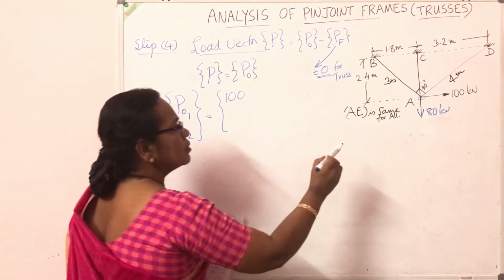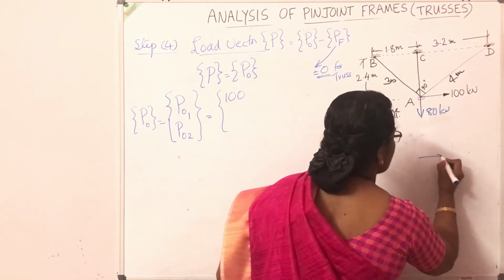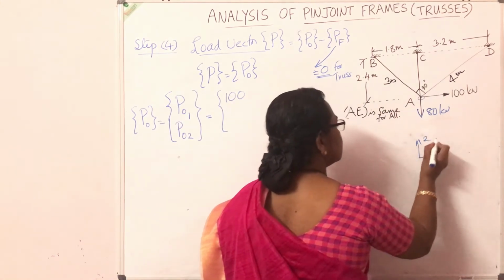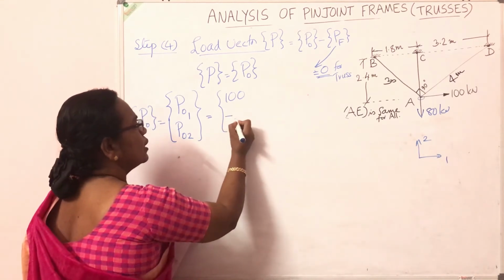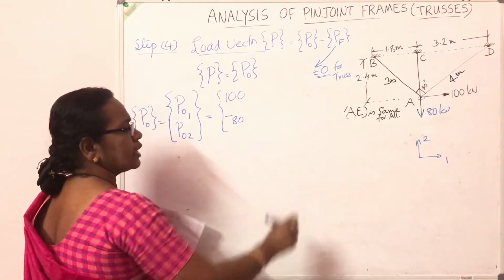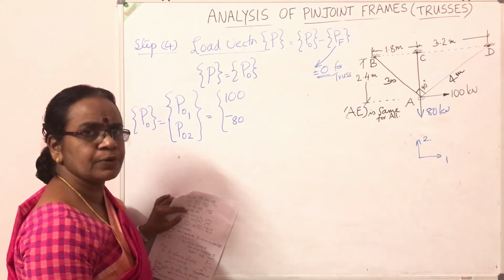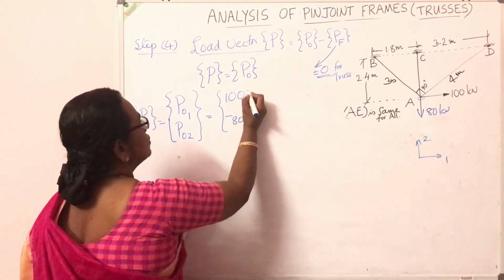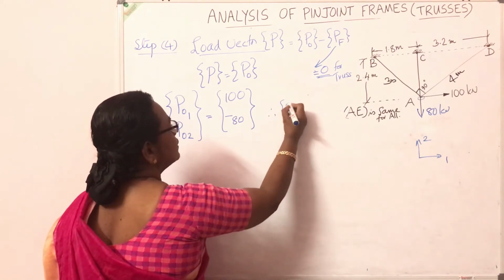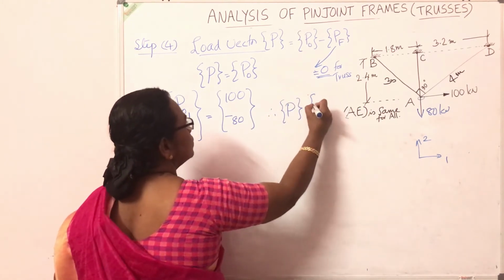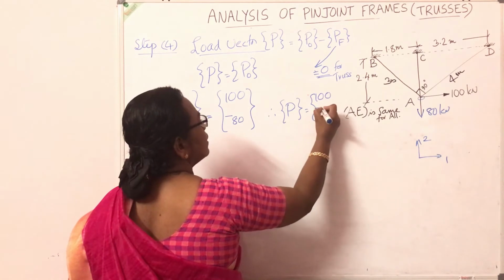We have marked the coordinates 1 and 2 like this. This is 1, this is 2. For coordinate direction 2, the load is 80 kilonewton, but it is opposite to the direction of 2. The 2 direction is upward, the load is acting downwards. So it is 100, minus 80. Therefore, the load vector P is equal to 100, minus 80.